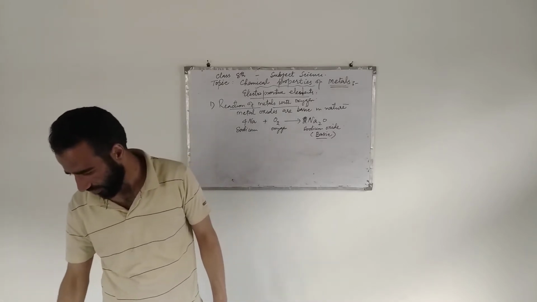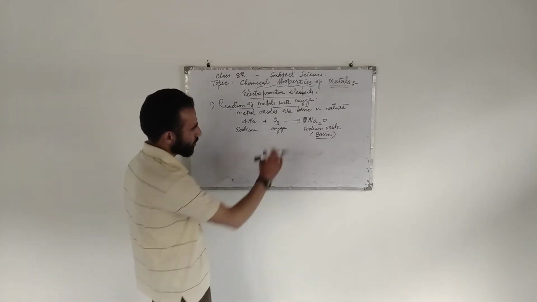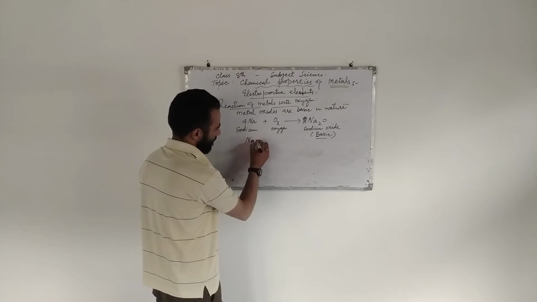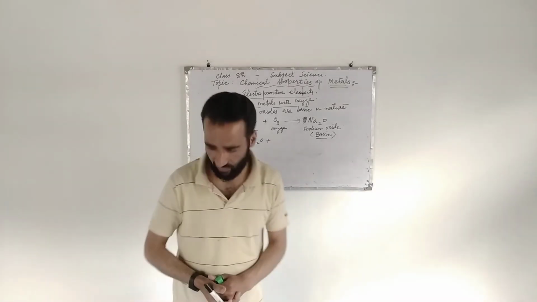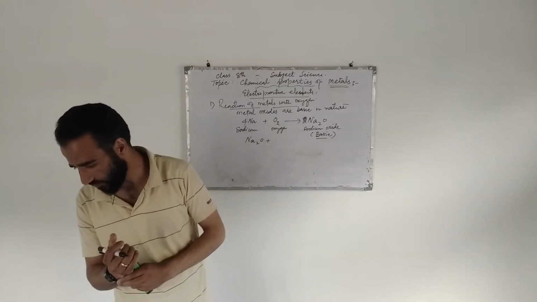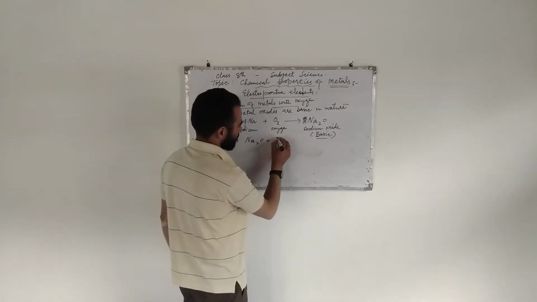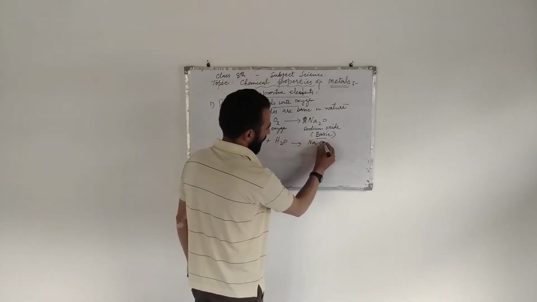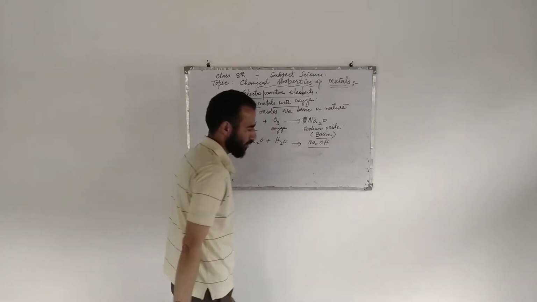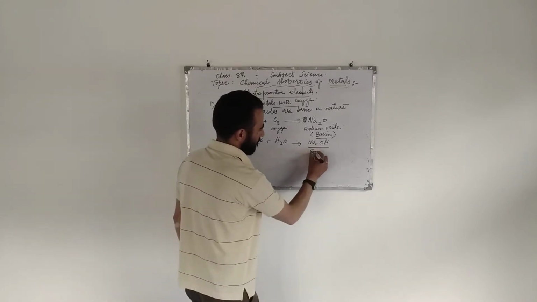Next, if this sodium oxide combines with water, it forms sodium hydroxide. This sodium hydroxide is an alkali.